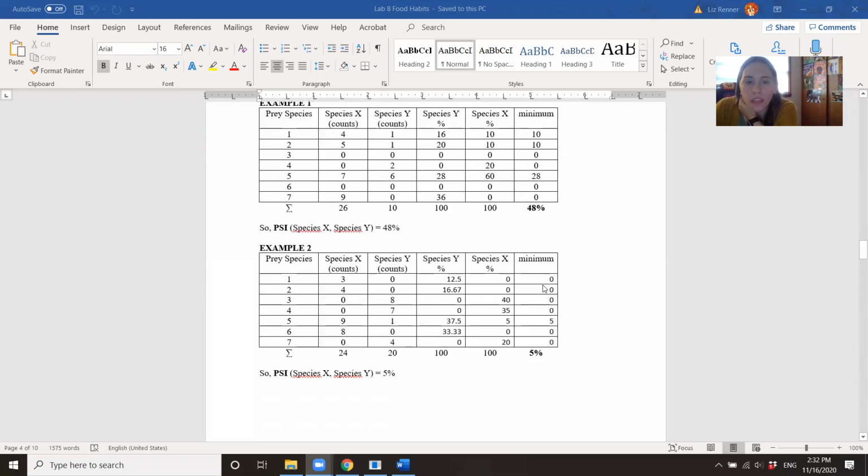Okay, now we're going to do sample 2. So again, we've got these counts. So we've got 3, 4, 9, 8 for the total number of hits here. And then we've got species Y for the total number of hits there, and then the percentage of Y and X. So the percent would be, we're kind of rounding here.